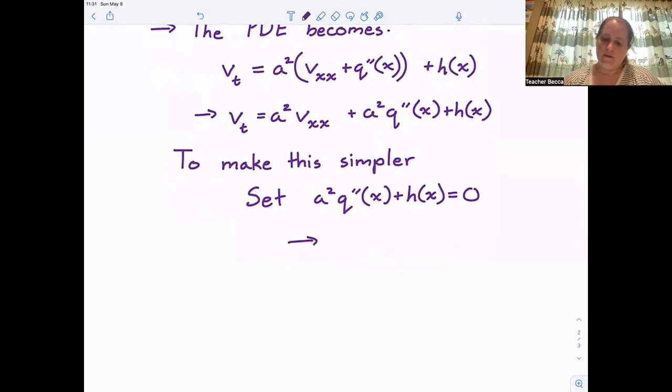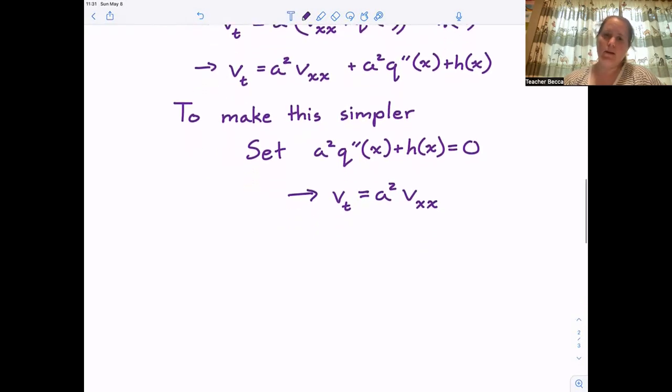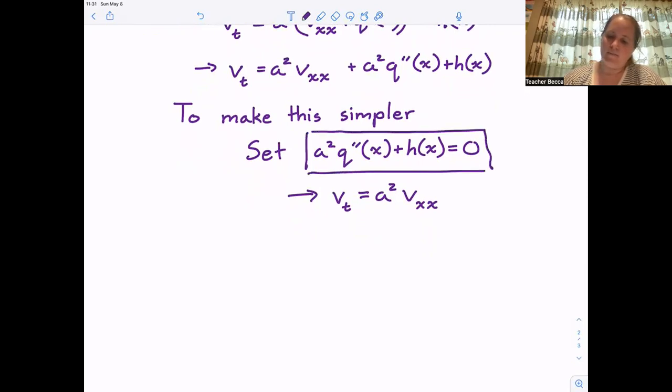Then we have the first partial with respect to t of v is equal to a squared times the second partial with respect to x of v. And this looks like the original homogeneous heat equation we were working with. So I'm going to box the pieces that we're playing with along here. Then note that you are looking at our boundary conditions. So translating our boundary conditions.